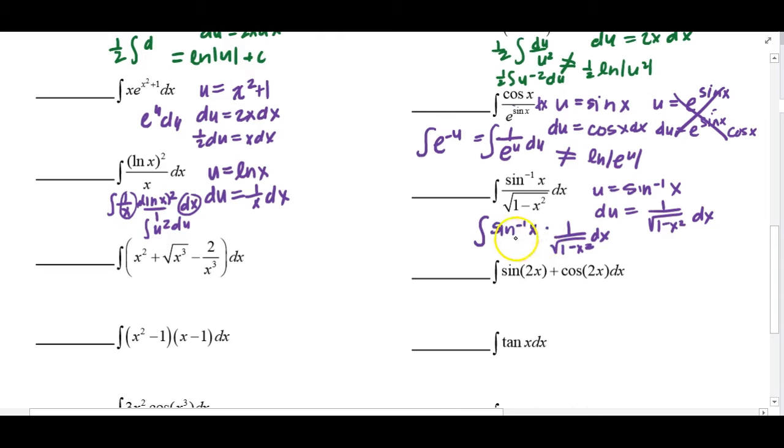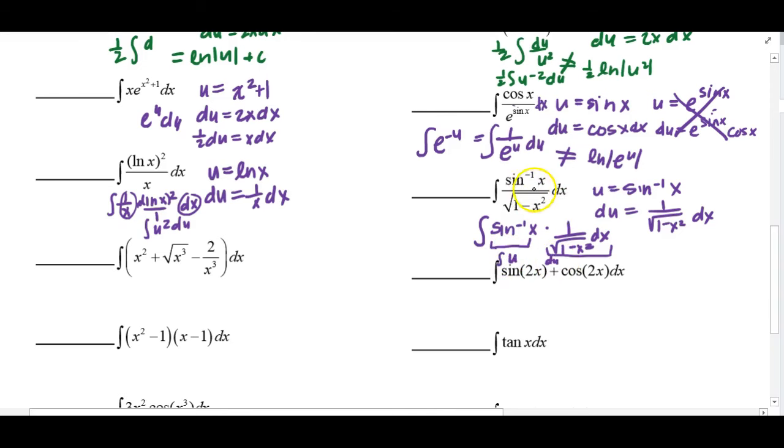Again, I cannot do each one separately, but I'm rewriting it so that I can see that sine inverse of x is u, and 1 over radical 1 minus x squared is du, right? That's this piece. So now I'm just integrating u du.